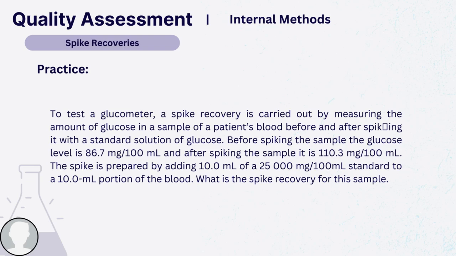The spike is prepared by adding 10.0 mL of 25,000 milligrams per 100 mL standard to a 10.0 mL portion of the blood. What is the spike recovery for this sample? If you need more time to answer this question, you can pause the video.